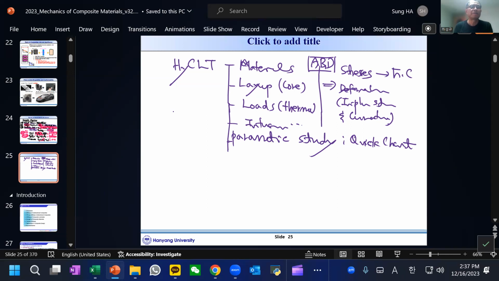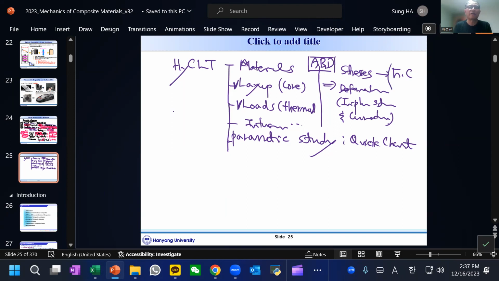So in today's class, I mean the exam, the problem will specify a certain loading case or a certain layup case, and you can have failure criterion values.